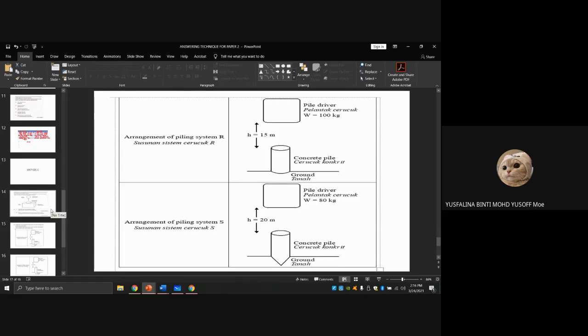I just want you to be prepared, so later when the SPM comes out, you don't feel shocked, because this year question for paper 1 is quite hard. Paper 3 is easy, but that one is okay because you're not seeing the format anymore. For paper 2 it was like that.